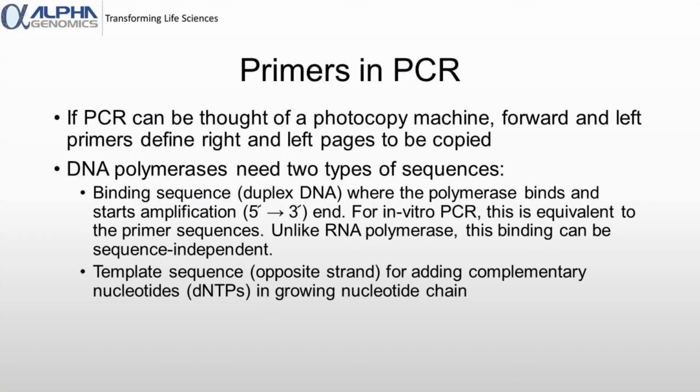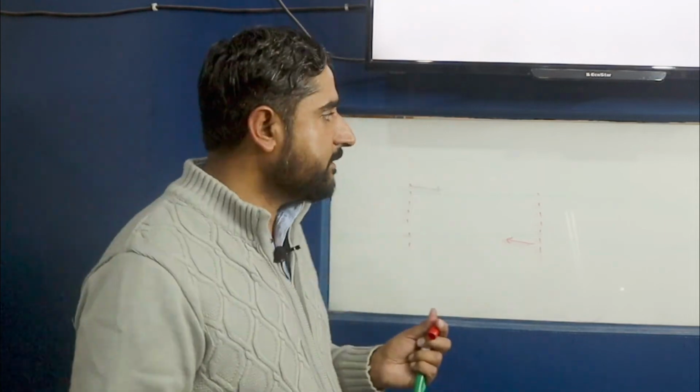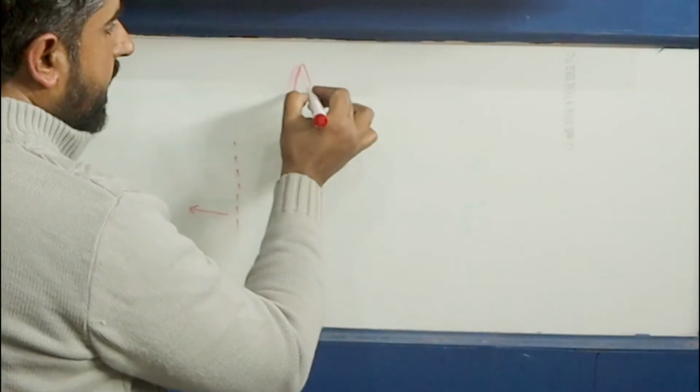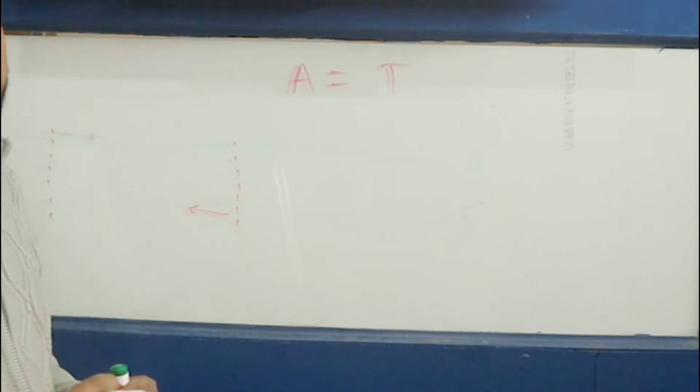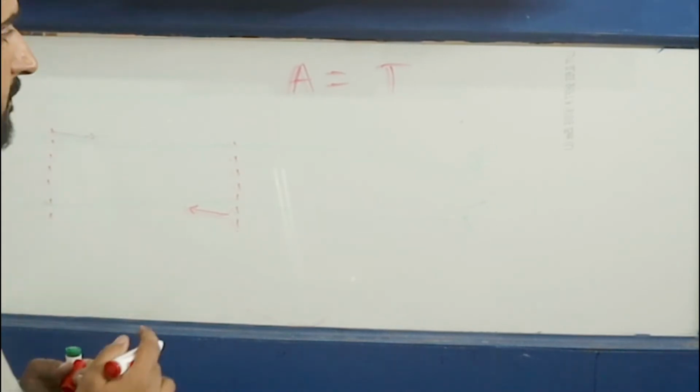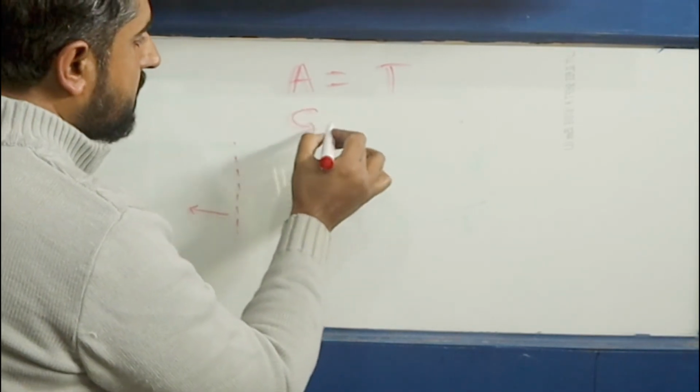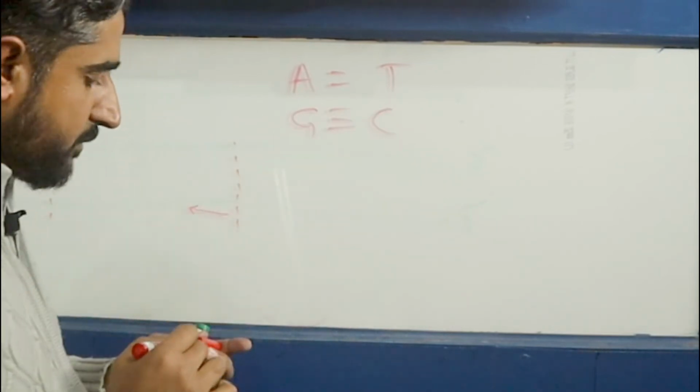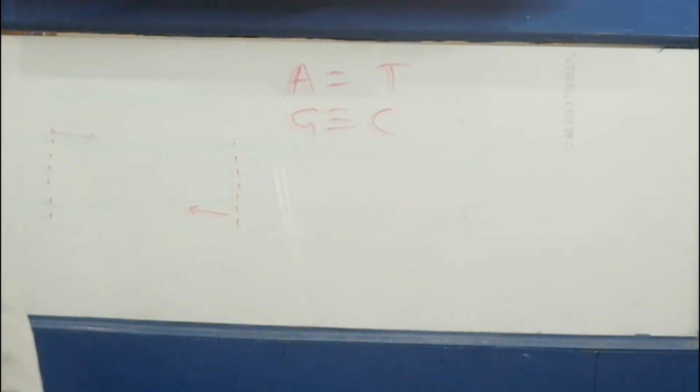And the template sequence is the opposite strand that will be used as complementary. So DNA polymerase can add nucleotides, but for adding nucleotides it requires a template on which it will add the complementary nucleotides. As we all know, there are 4 types of nucleotides, and A always tends to bond with T, which has a double hydrogen bond, and G always tends to bond with C, which has a triple bond.